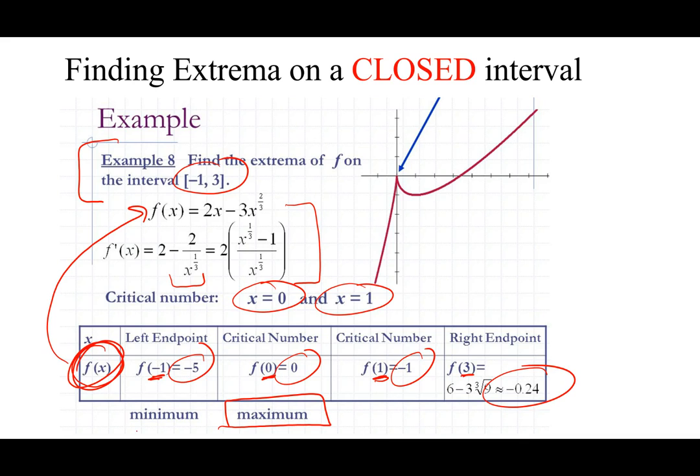Then you're going to locate the smallest one, which in this case is -5, and conclude that that is the absolute minimum. And again, that would be the point (0, 0), and this would be the point (-1, -5). So this example looks a little different than the ones you did prior to break, just in terms of the setup. But again, any format is fine as long as you come to the correct conclusion.